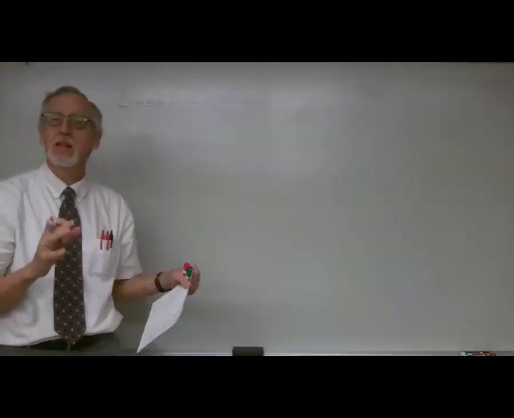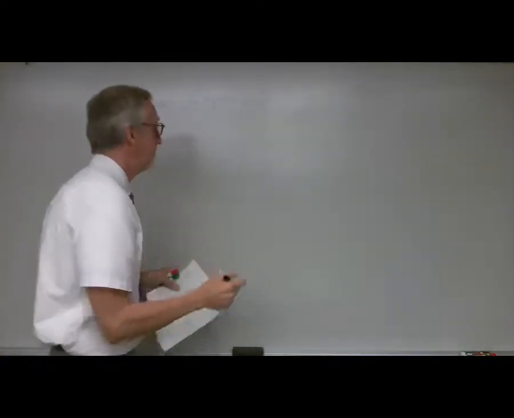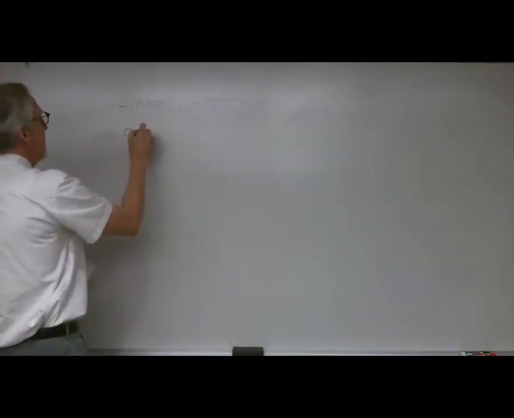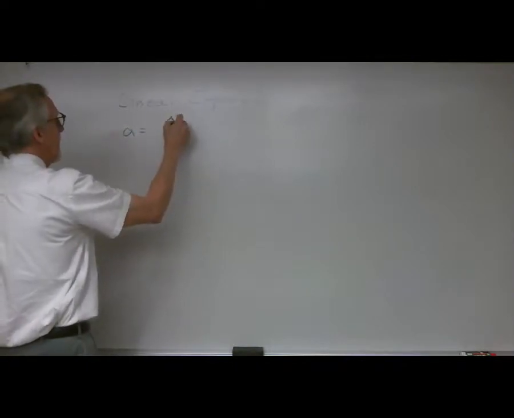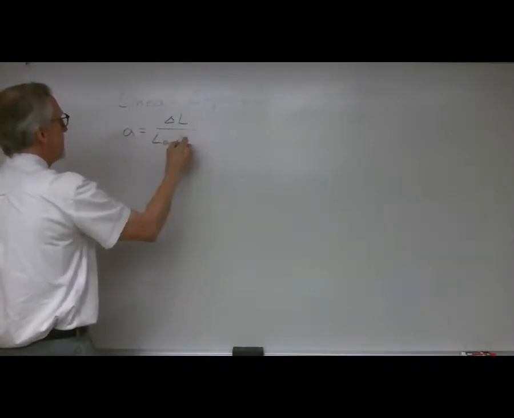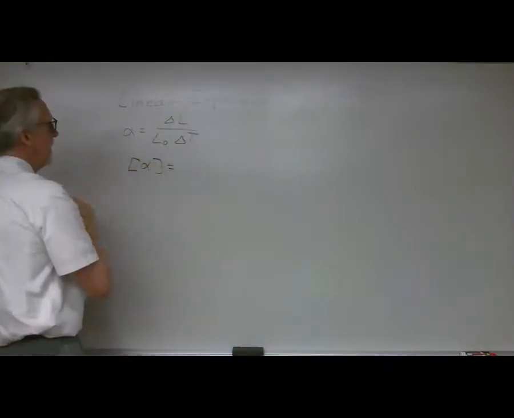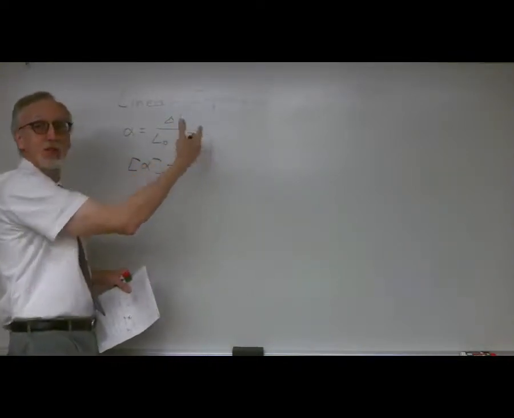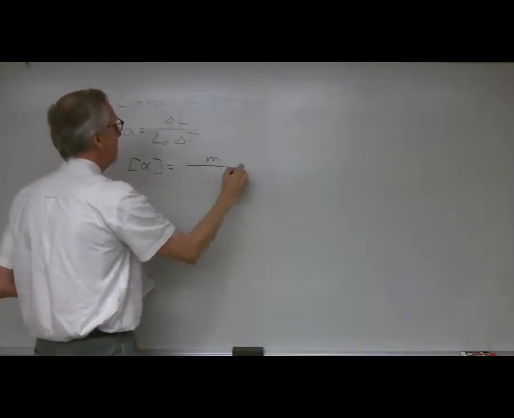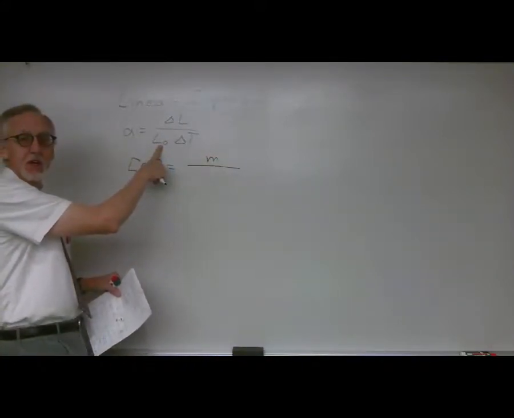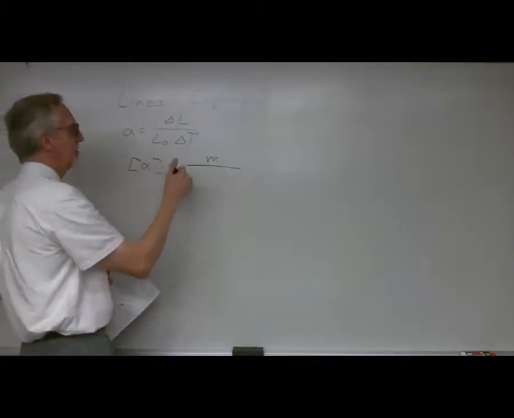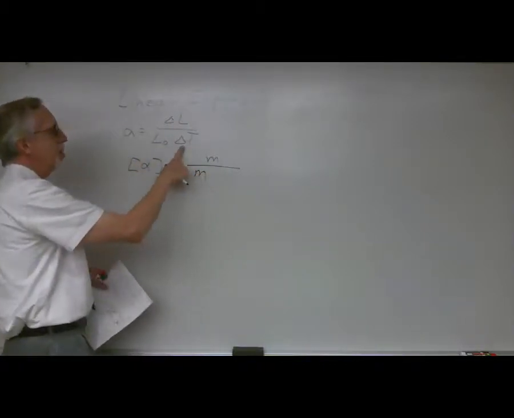Okay, let's figure out what the units are for alpha. We have that alpha is equal to delta L over L naught delta T. So the units of alpha will be the units of delta L, which is a length, so meters, divided by the units of the initial length, which is obviously a length, so meters, times the change in temperature.